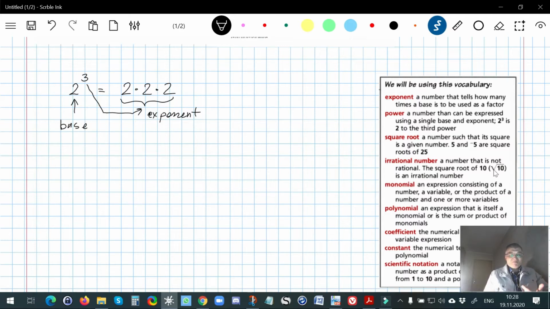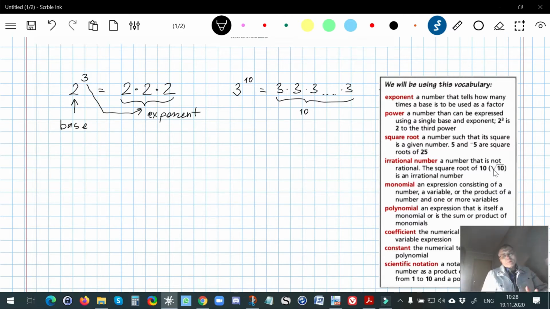For example, if I write 3 to the power of 10, it means that I multiply 3 ten times. Of course, as you understand, it's much shorter to write 3 to the power of 10.